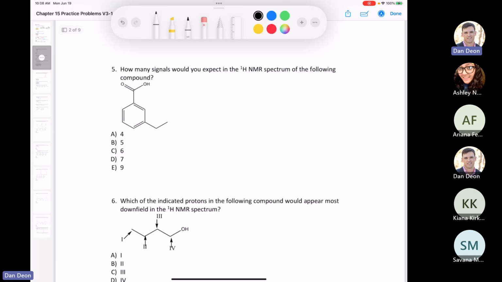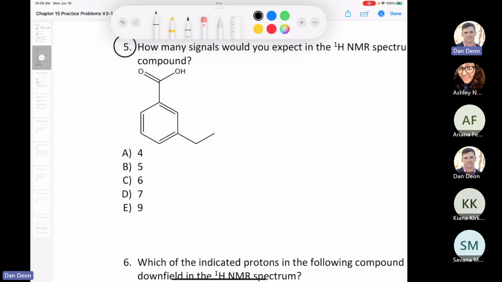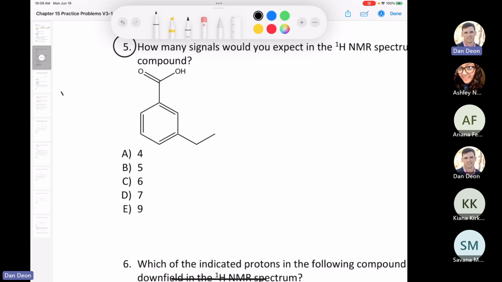In question 5, how many signals would you see in the proton NMR of this compound? This is called meta-ethyl benzoic acid. Did anybody get an answer for this one, for 5? Somebody has 7? Yeah, I think that's reasonable because there's no symmetry, right?